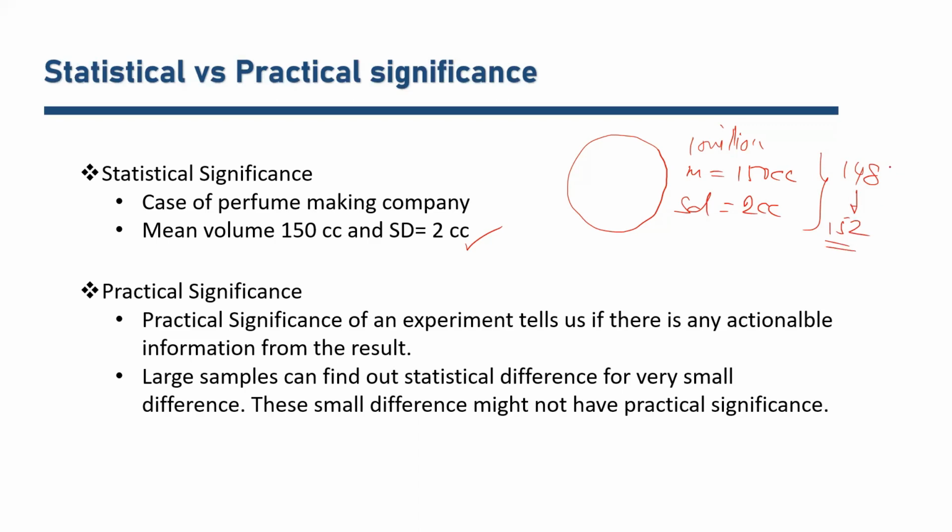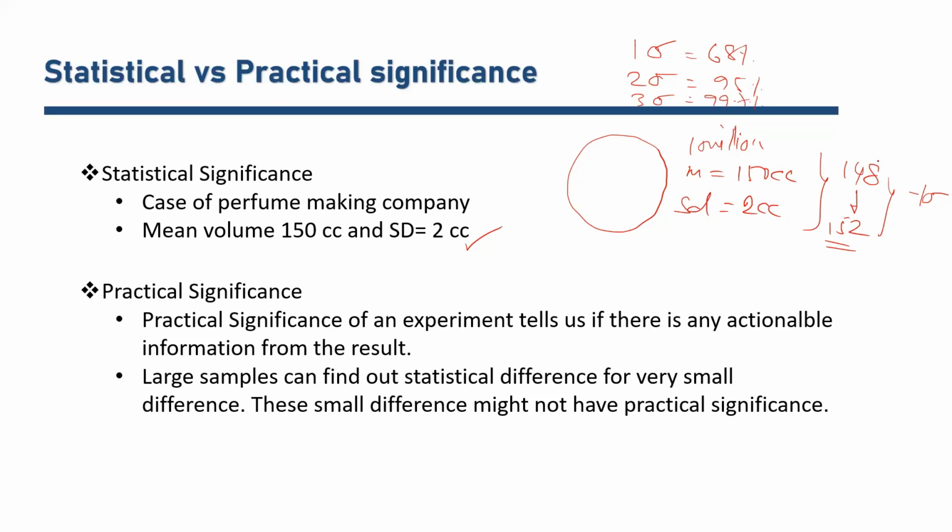For one standard deviation, right? So we talked about this. One standard deviation is 68%, two standard deviations is 95%, and three standard deviations is somewhere around 99.7%.